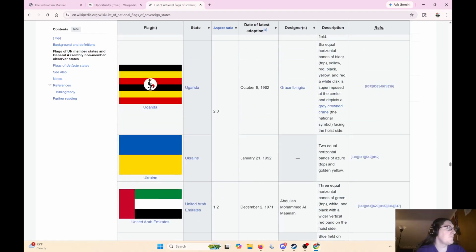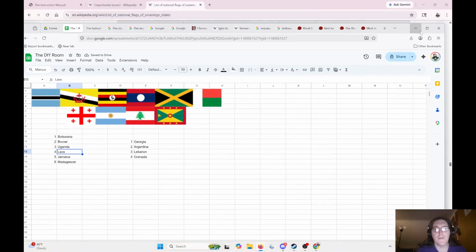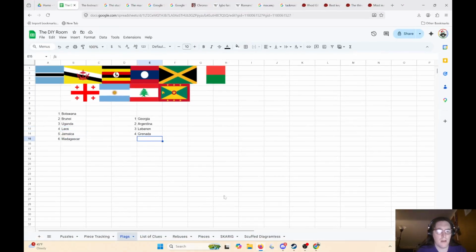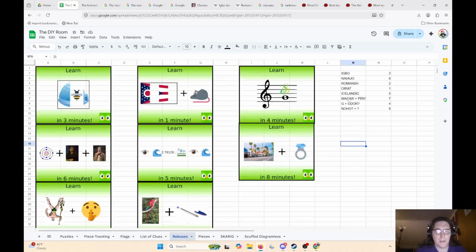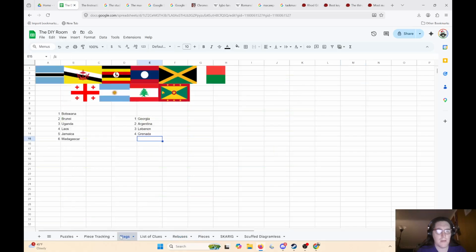Uganda. There we go. Okay, I can pull this back over now. I've got those flags ID'd. Now, these rebuses. Oh, Navajo is one of them, and Navajo are U.S., and there's no U.S. flag. Okay.